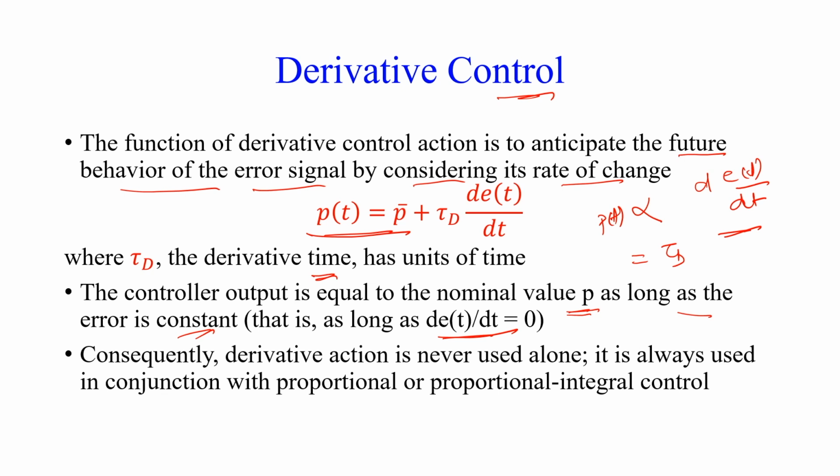So, it is going to have this nominal value of p all the time. Consequently, the derivative action is never used alone. It is always used in conjunction with proportional or proportional integral control. So, it will be either PD or PID control.